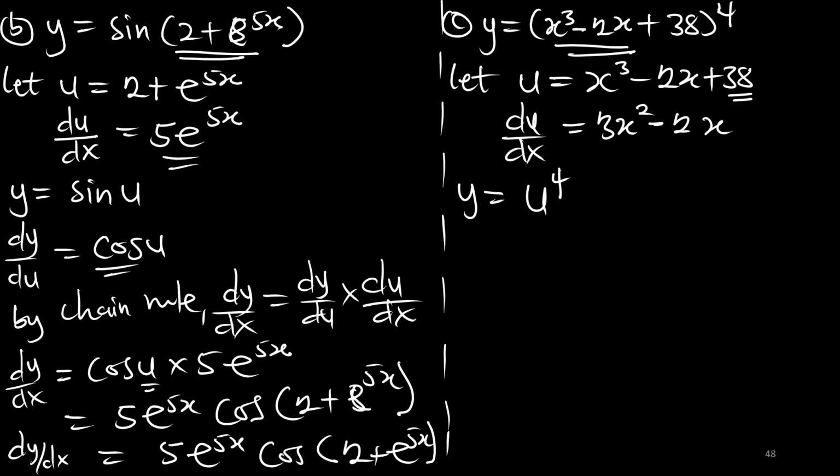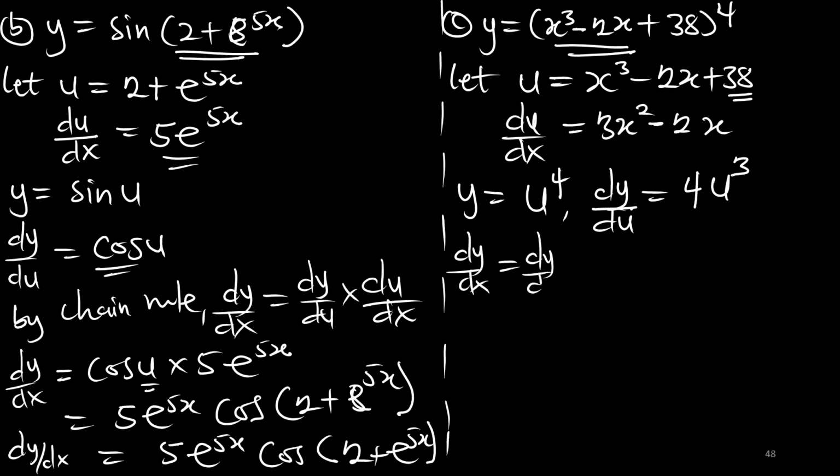And if I apply the derivative, dy du is going to be 4u cubed. Is that right? So by chain rule, dy dx is dy du multiplying du dx, which is equal to 4u cubed multiplying du dx, the whole of that expression, which is 3x squared minus 2. Is that it? Yes, that is it.